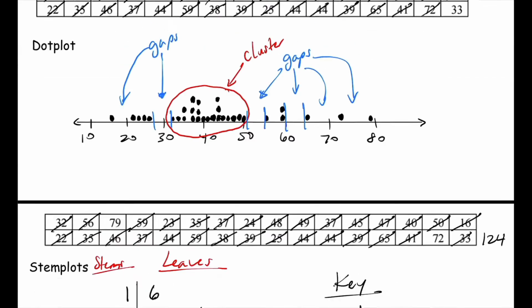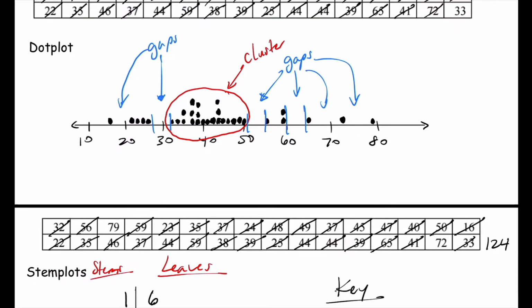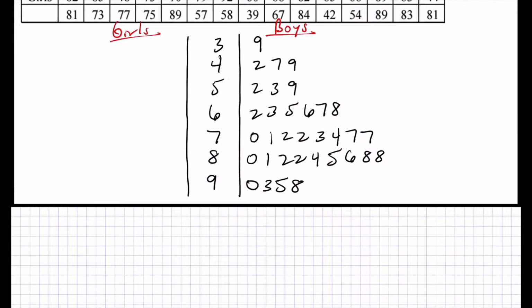That's why we said there was a cluster from 30 to 50, because in the 30s and the 40s there were a lot of them. Here, I would say from like 60 to 90 is a big cluster. From 62 to 88 is a huge cluster. Okay.